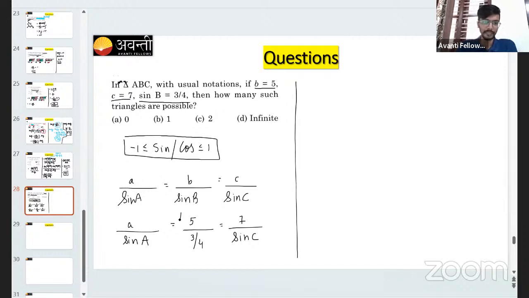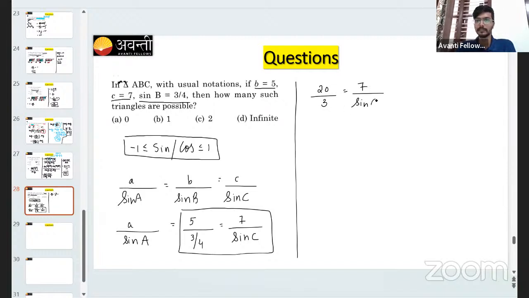So if I look at these two, the 4 will come up and multiply. So 5 fours are 20/3 is equal to 7 upon sin C. So cross multiplying, I get the value of sin C as 7 threes are 21 upon 20. Oh, 21 upon 20.